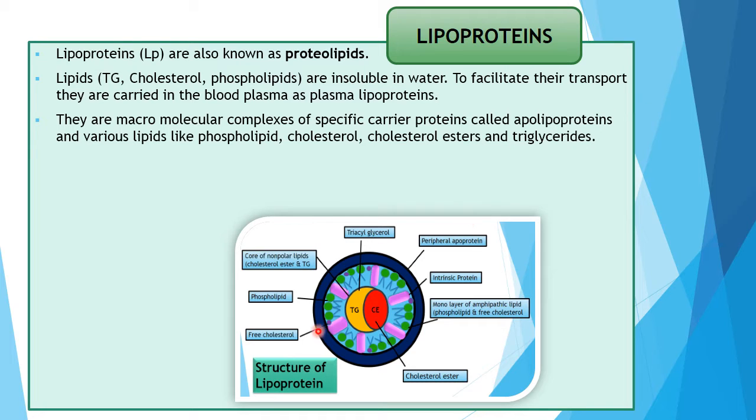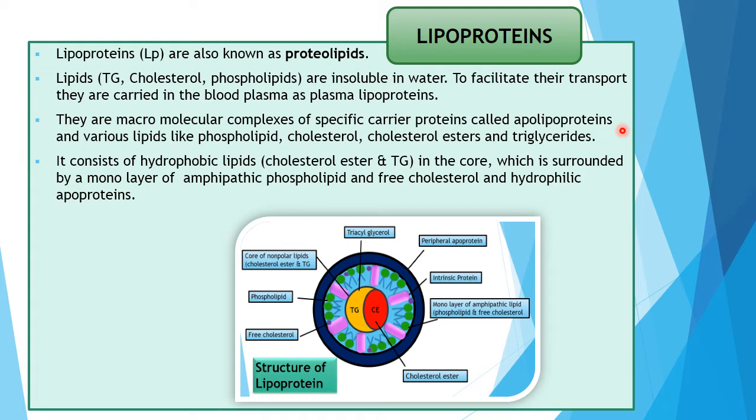Here you can see there is a core of non-water soluble lipids, that is cholesterol ester and TG, and at the periphery it is surrounded by the phospholipid chain and a protein part. These are known as apolipoproteins.